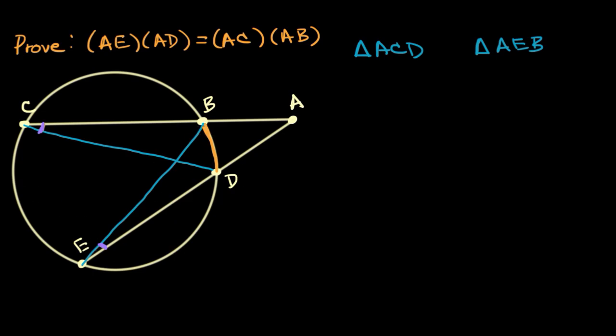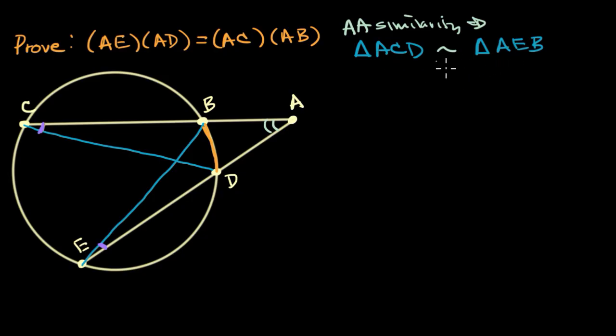We also know that angle A is in both of these triangles. So we have two congruent angles in both of these triangles. So we know that these two are similar because of angle similarity. Similarity is what gives us this conclusion.